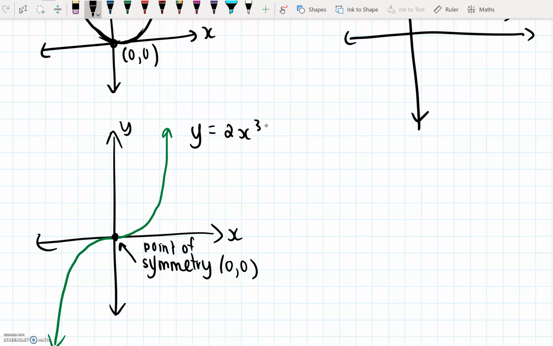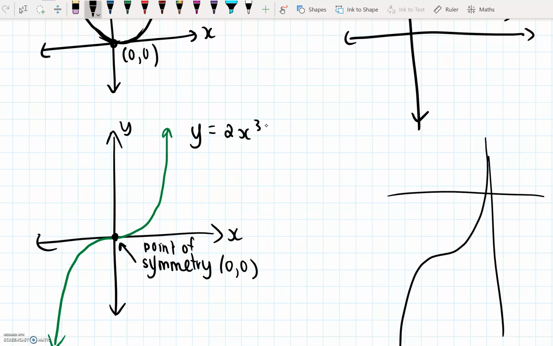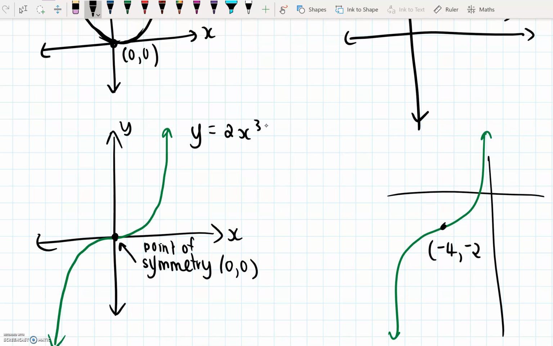If we want to move it, in this case we will go left and we'll go down. So let's make it now so that our function goes like this, and now we will make the point of symmetry (-4, -2).